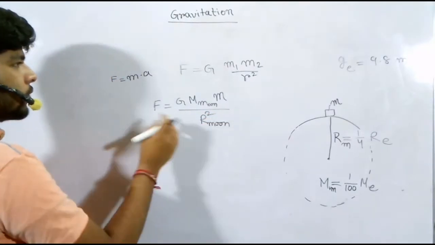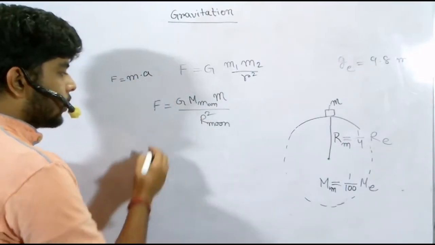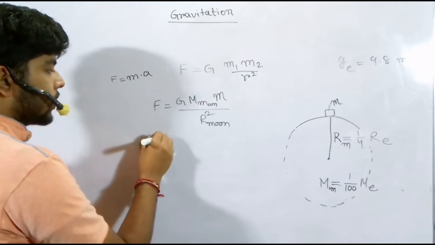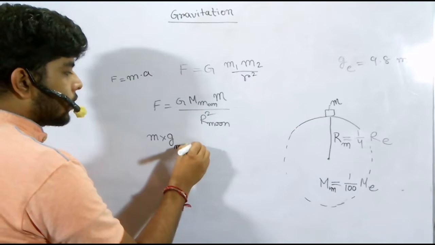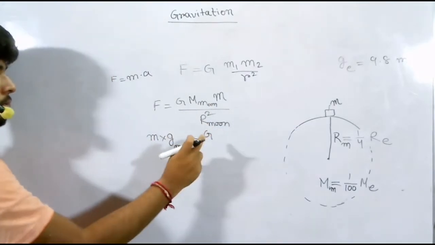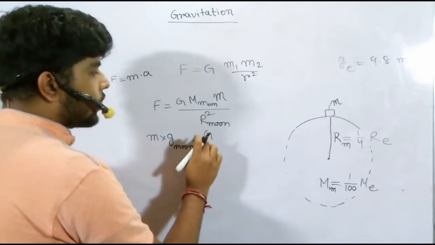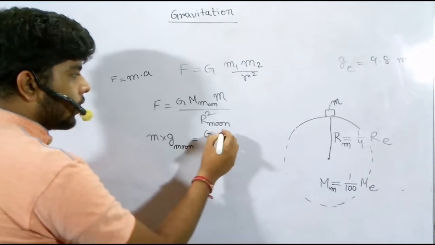And here, we know that force is mass into acceleration. Now the acceleration due to gravity will be there. So the gravity of the moon, right? So mass into gravity of moon is equal to capital G. Capital G is not gravity, it is the gravitational constant. It is not acceleration due to gravity. The acceleration is small g.